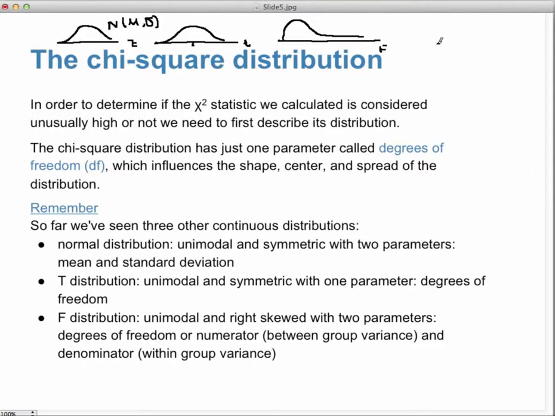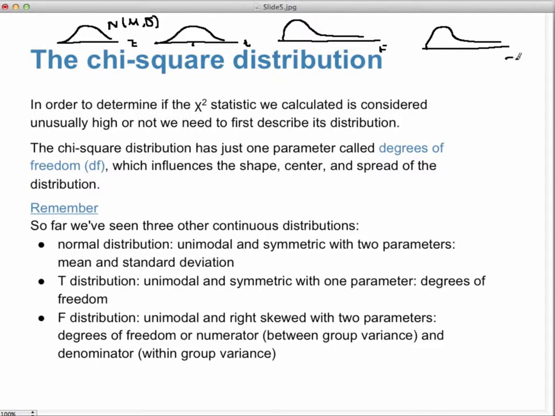And now we're about to take a look at yet another distribution, a distribution of possible observed chi-squared values. In other words, if I went into a population with a known proportion of each of those colors, like in the M&Ms, and did multiple samples, I would get very different chi-squared values every time I ran the test.